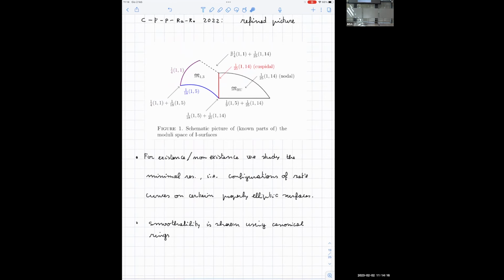And as to the methods, we mix different techniques. Sometimes we look at the desingularization and so work on a smooth surface and study this configuration of curves. But again, the smoothability instead is done by writing down the canonical rings.